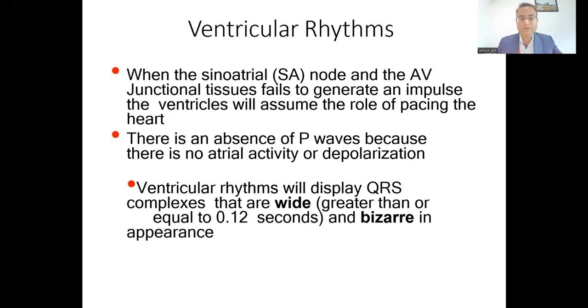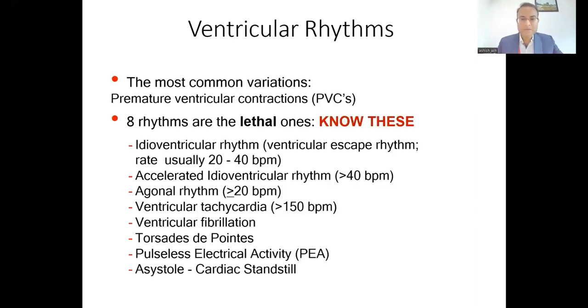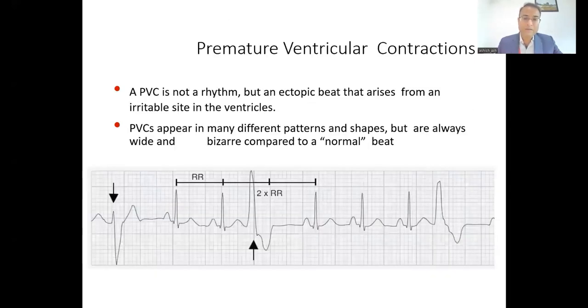There is only ventricular depolarization activity. The QRS complex, because it originates from the ventricle, is wide, more than 0.12 second or 3 small squares, or we can say it is bizarre in appearance. There are several kinds of ventricular rhythm, and these ventricular rhythms are lethal.